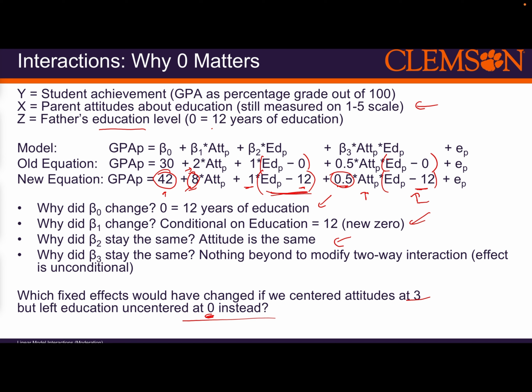Beta 2 would change, though, right? Because beta 2 would change because now we've modified the 0 point of its interacting variable, attitude, here.